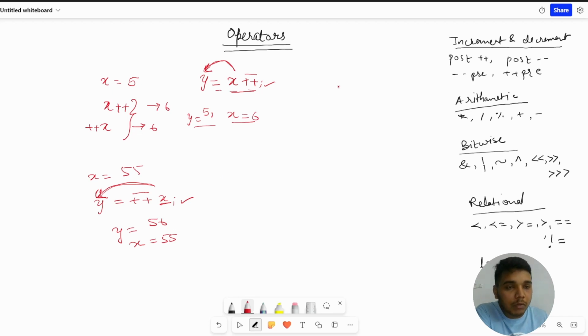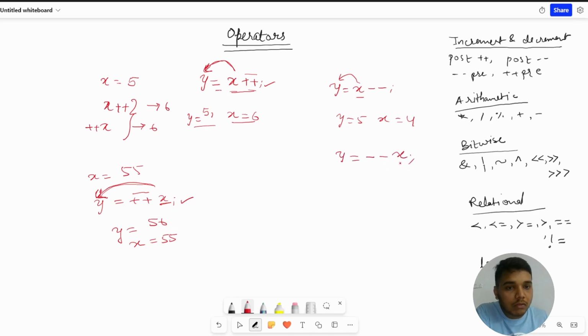Similarly, for the negative symbol, y equals x negative negative: whatever the value inside x will come inside y, then x will decrease by 1. So here y would be 5 and x would be 4. Similarly, for the pre-decrement operator, y equals negative negative x.